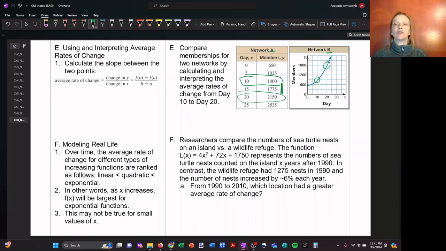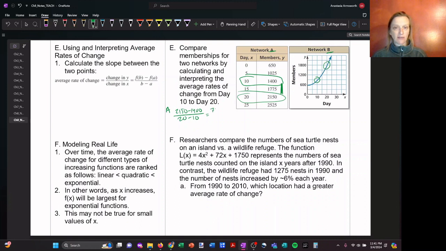So to calculate that rate of change, you do the change in y over the change in x. So the change in y for network A is 2150 minus 1400. So you do the later value minus the earlier value over 20 minus 10. So the change in y values divided by the change in x values.